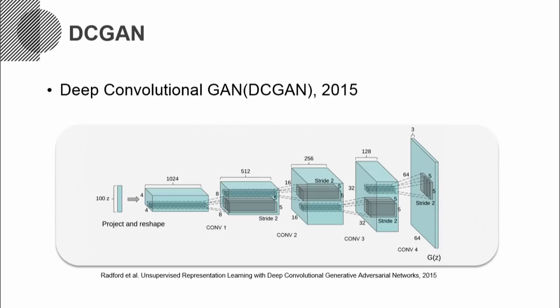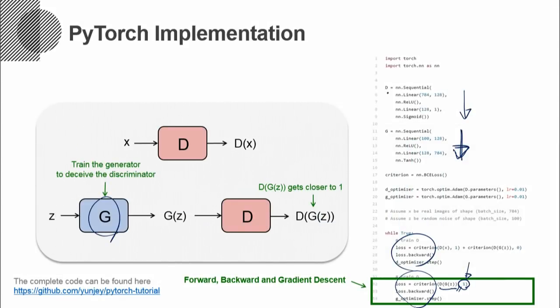But as we know, the convolutional neural network is quite effective in image classification tasks and so on. So we can design our discriminator part as a convolutional neural network, and also for the generator network, which generates from this 100-dimensional latent vector into a particular image, we can also utilize a convolutional neural network.